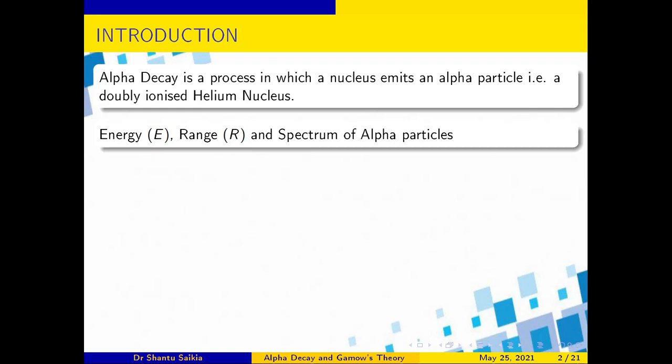So what happens when an alpha particle passes through matter? It collides with the atoms or molecules of matter, and this matter can be in the form of a gas. Usually we talk in terms of alpha particles passing through a gas. It will cause ionization in the process by knocking off electrons from the orbits of atoms.